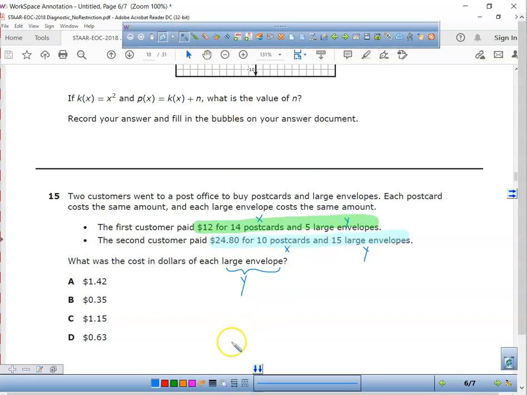All right, in green, here's our first equation. We're going to say 14x plus 5y equals what? 12. Second equation, 10x plus 15y equals what? 2480.